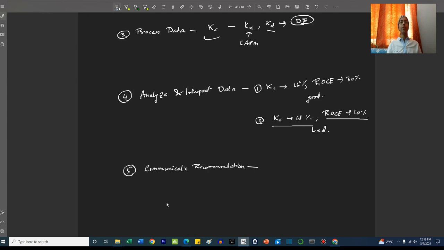It means whether to invest or not, whether to liquidate or not, like that. So sell, hold. This is one way of recommendations, you can say. After we have made the recommendation, which is backed by analysis and data, we have communicated it well, why we make a certain recommendation.